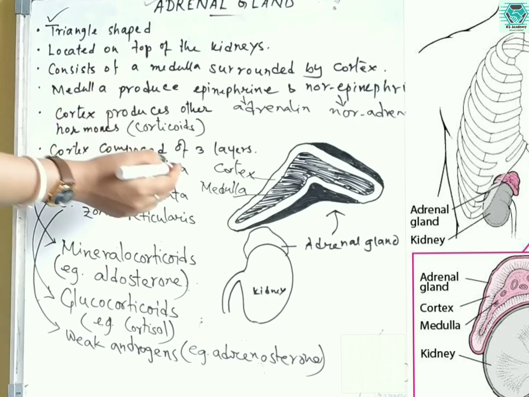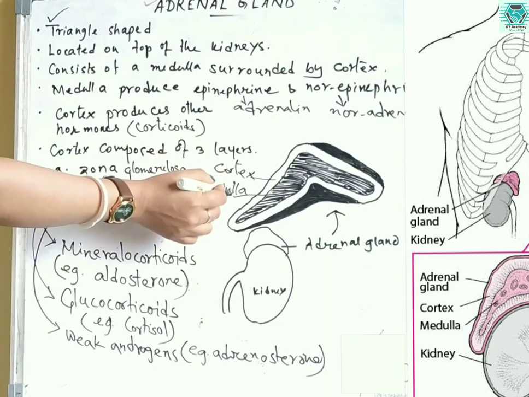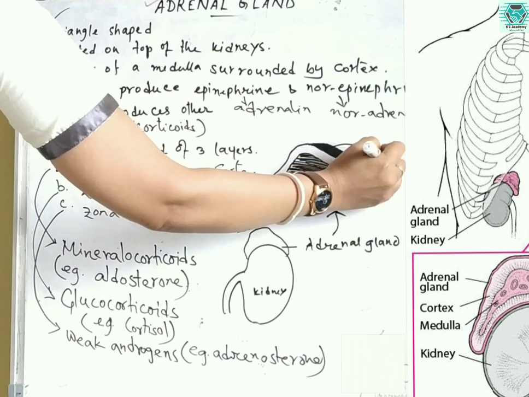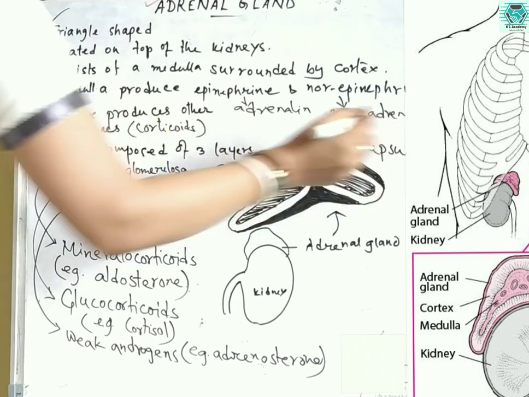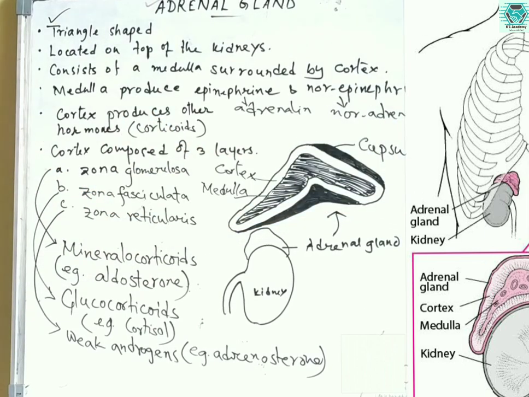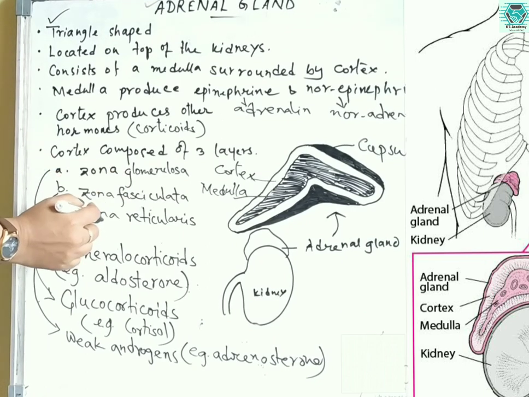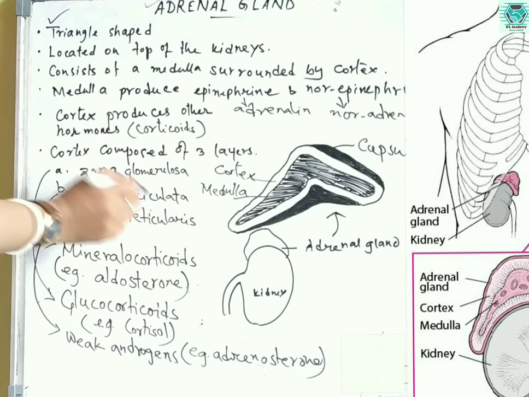So in the diagram we can see the cortex and medulla region, and the outermost is the capsule. The cortex releases three categories of hormone from the three layers. The superficial layer is zona glomerulosa, the middle layer is zona fasciculata, and the deepest layer of the cortex is zona reticularis.